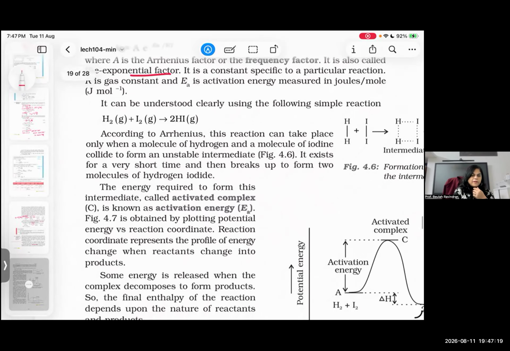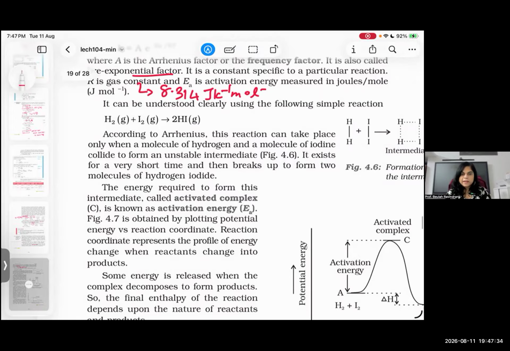Its value, you will be given in your question paper, is 8.314 joule per Kelvin per mole. And T is the absolute temperature in Kelvin.